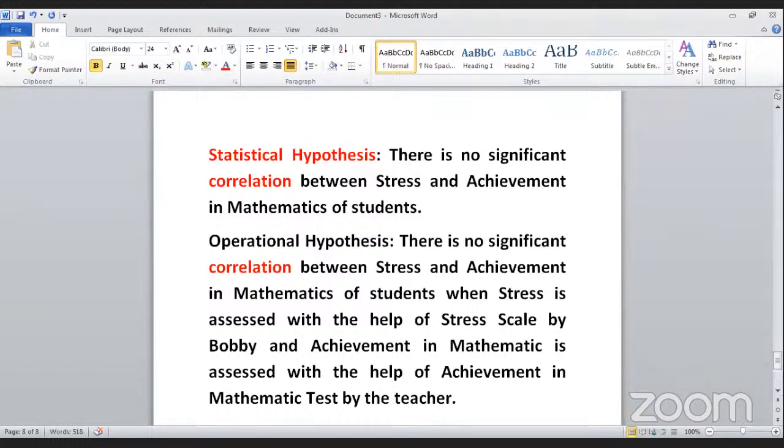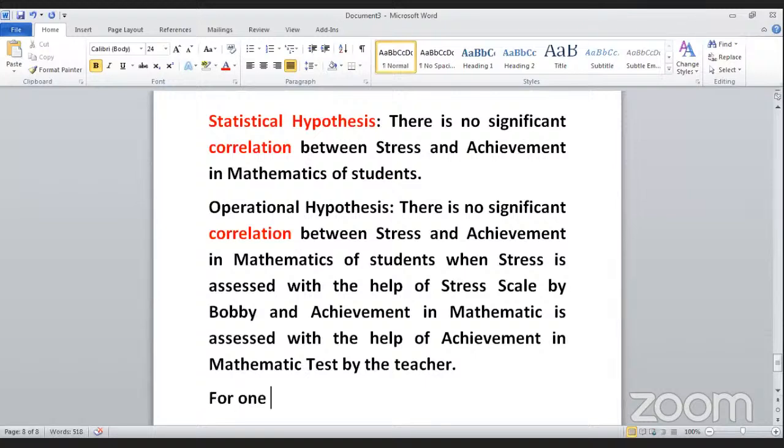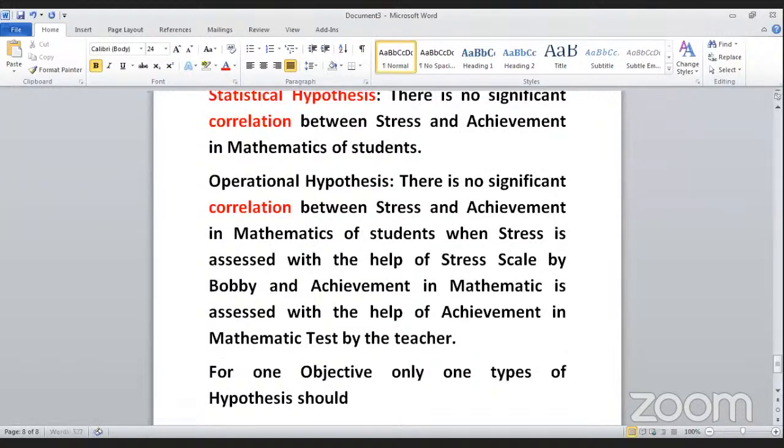But for one objective, only one type of hypothesis should be formulated. You cannot formulate two types of hypothesis for one objective. That is your choice, whether you want a research hypothesis or statistical hypothesis or operational hypothesis.